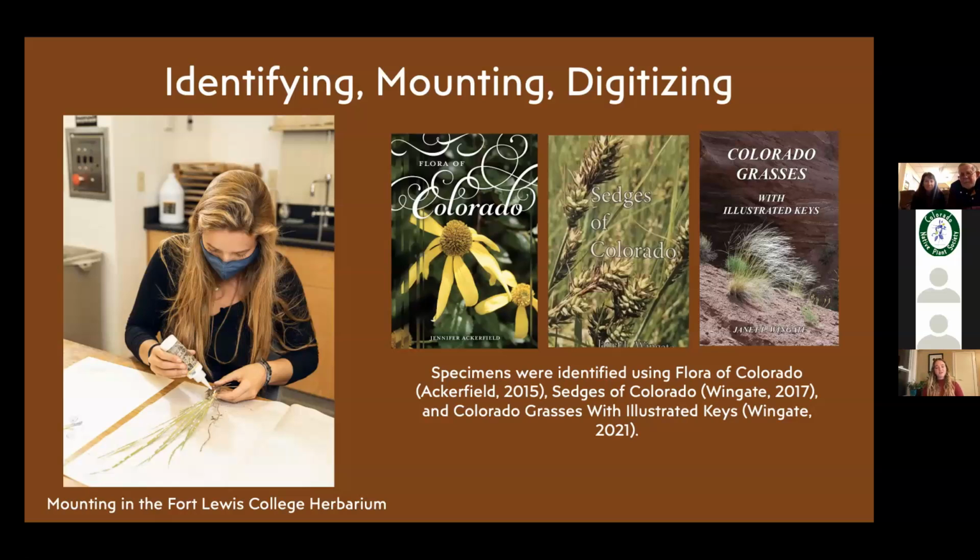And then you have to put the locality information and the catalog number information on these specimens that you collect. And after those were all said and done, we got to digitize these. Digitizing is really cool because it means that we can upload it to the internet. We're taking these really high quality pictures of these specimens and uploading them so that they're accessible to the greater public for viewing and for scientific purposes and further research, which is a really cool step.